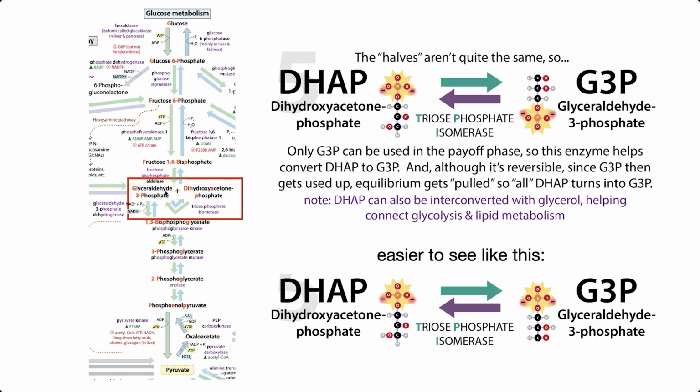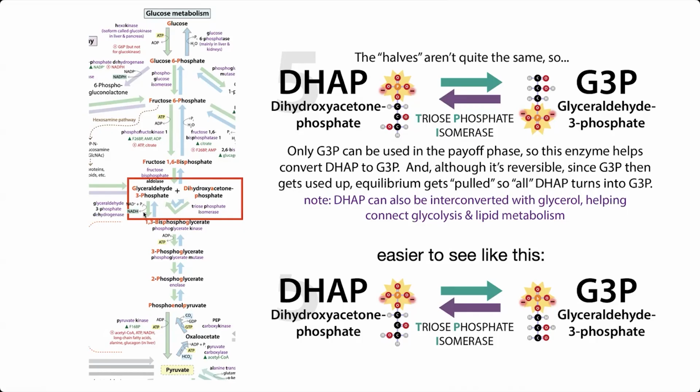This reaction is readily reversible, but because only the G3P can actually keep going through glycolysis, if you take the G3P through glycolysis, it's going to draw this whole pathway forward through these steps. But you can go in either direction. If you're going down glycolysis, this is going to shift this reaction this way, and you're going to be drawing all of the DHAP into this part.